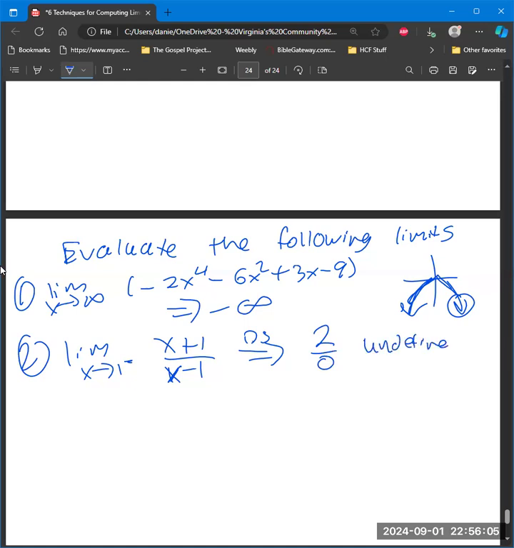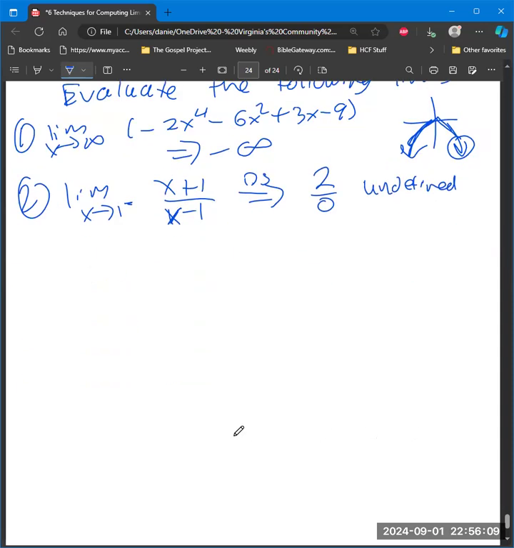There's an asymptote there, so now I need to think about, well, I'm coming from the left-hand side, and what does this function look like? Let's stick a number a little bit less than 1 in, and I'm going to get a positive over a negative. It's going to be a negative when I come from the left.